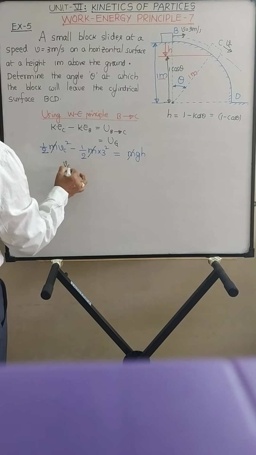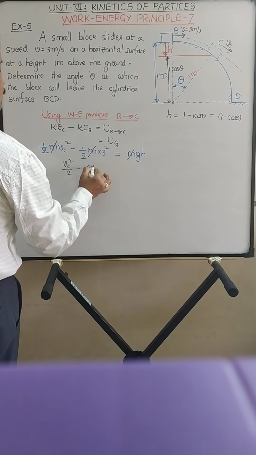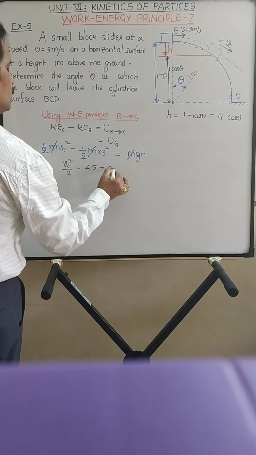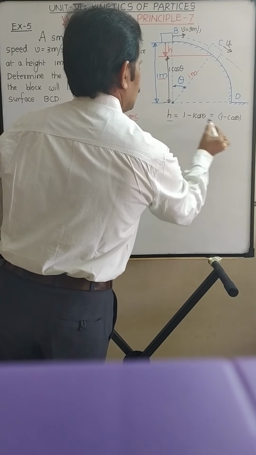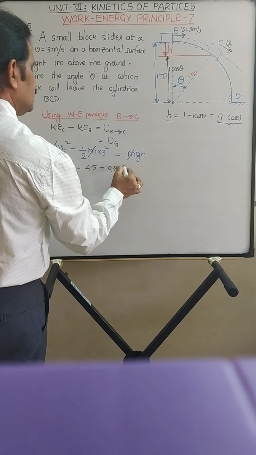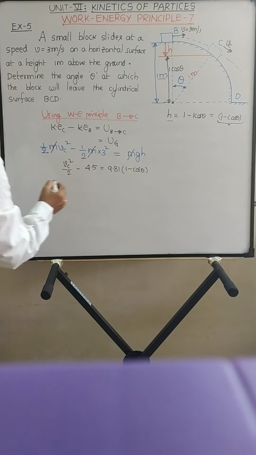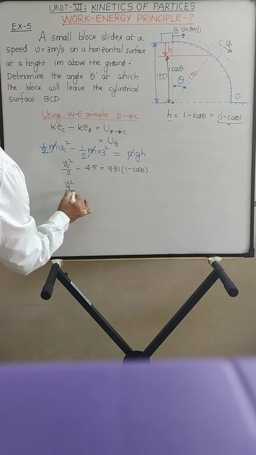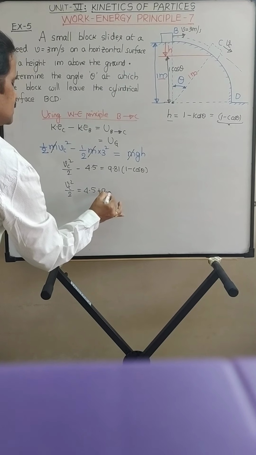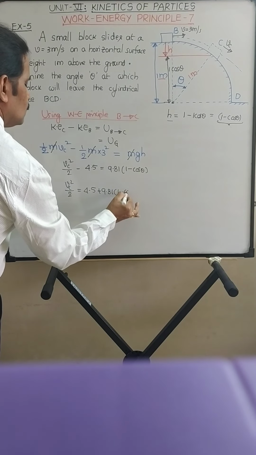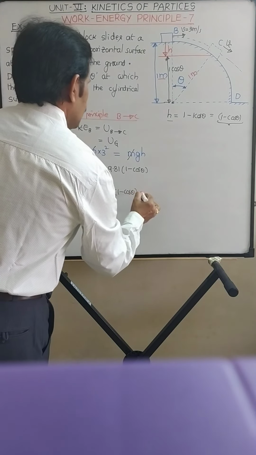So we have Vc square by 2 minus 4.5 is equal to 9.81 into h. So h is equal to 1 minus cos theta. So you can write this as Vc square by 2 is equal to 4.5 plus 9.81 into 1 minus cos theta. Say this is equation 1.